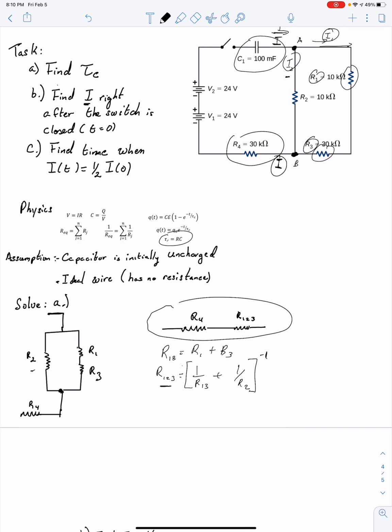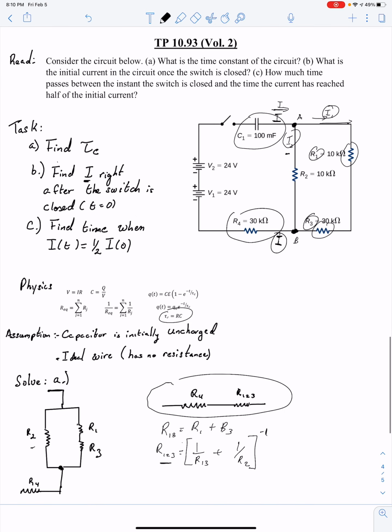If you want to do it like Kirchhoff's rule, we have I equals I1 plus I2, so it's going all the way back to the same as we started from.